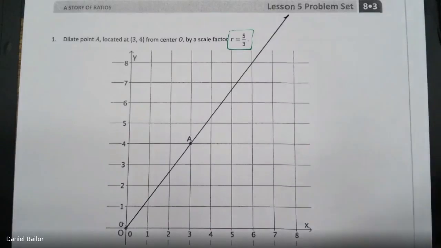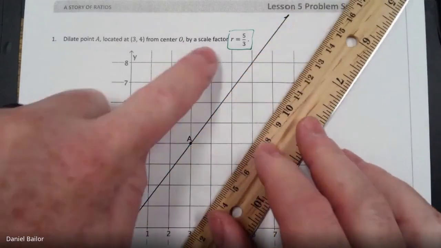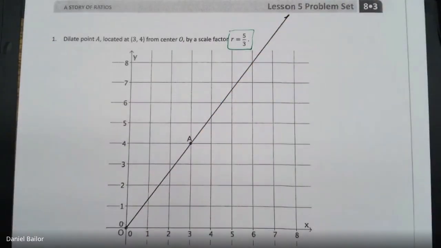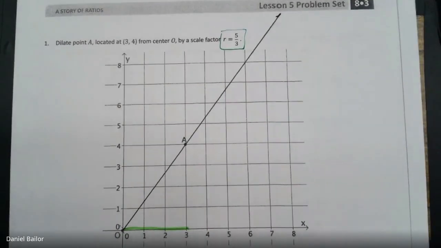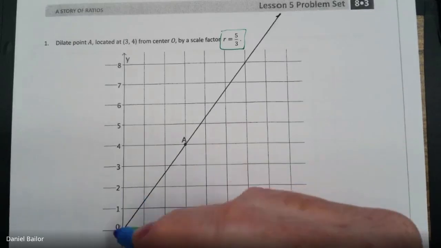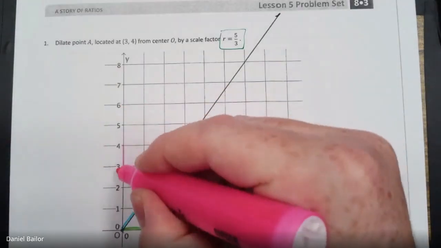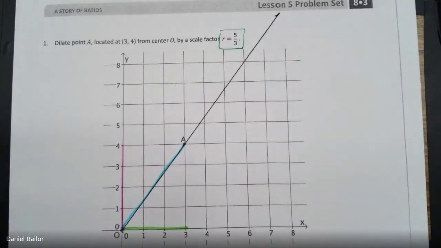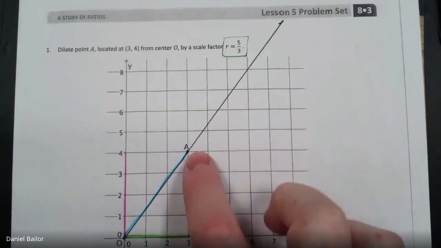You can either measure this and multiply some weird decimal times 5/3, or remember, it works for any length. You can use the blue line, but I think the math on that is going to be complicated. Or you can use the green line, or the red line. You can do whichever strategy you want to put the point A prime wherever it goes. So just show me where A prime is.